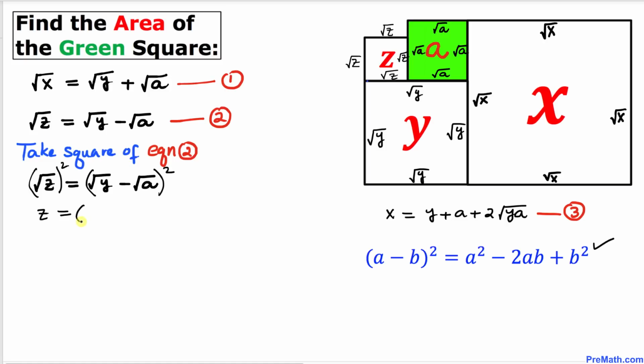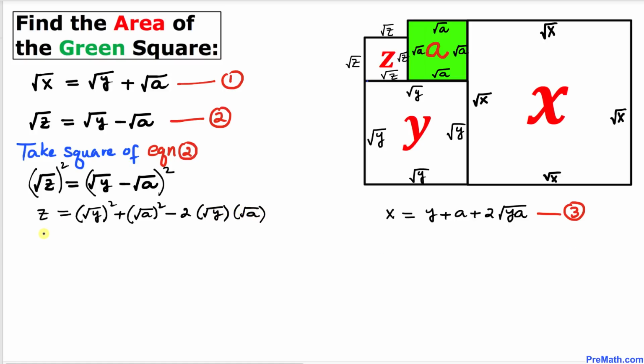So this could be written as square root of y squared plus square root of a squared minus 2 times square root of y times square root of a. Now we are going to simplify this, so z turns out to be equal to y plus a minus 2 times square root of y times a. And let me call this equation number 4.